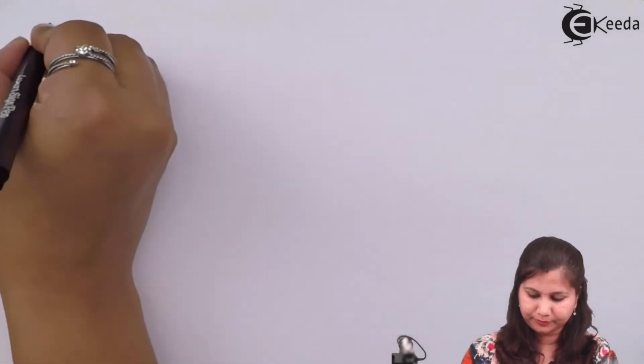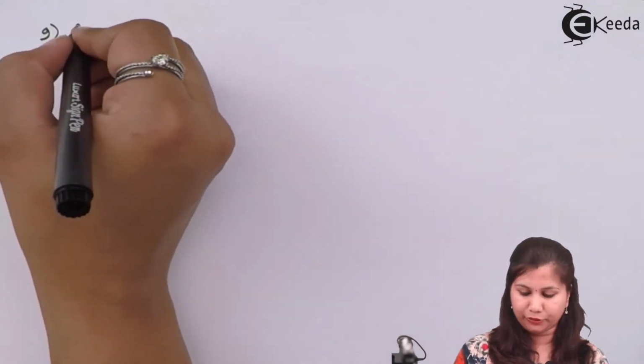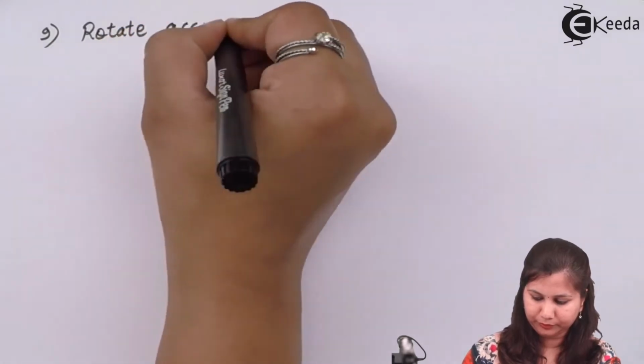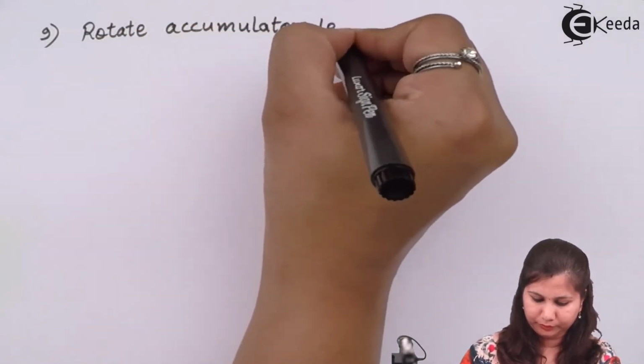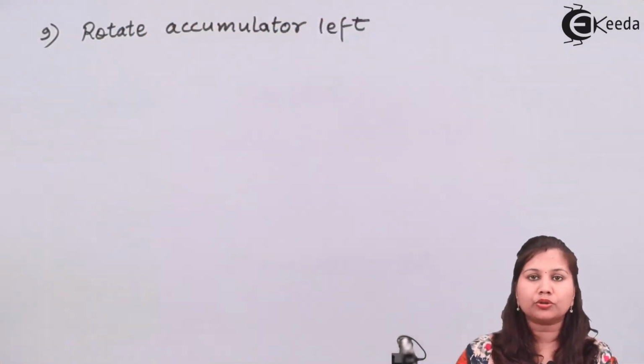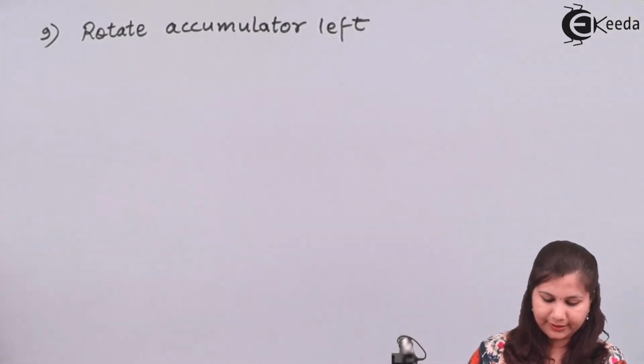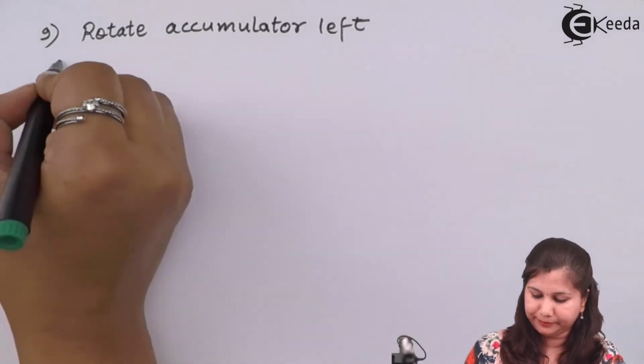Then we have the rotate instructions also. They come under the logical instructions category, rotate operations. So the next logical instruction is rotate accumulator. These are the rotate instructions, and the mnemonic for this is RLC.